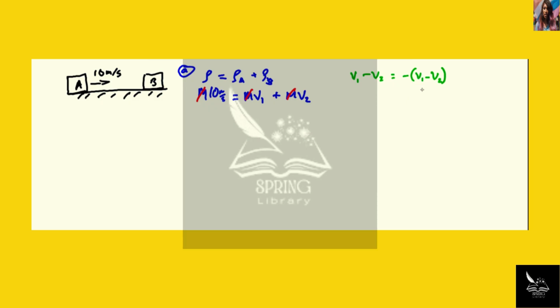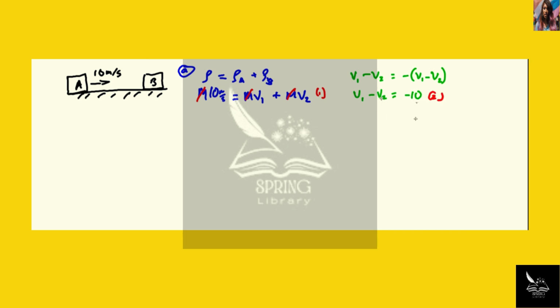And since v1 is 10 and v2 before the collision is 0, we're going to end up with v1 minus v2 is equal to negative 10. And this is after the collision. So we'll call this equation number 1 and this equation number 2.